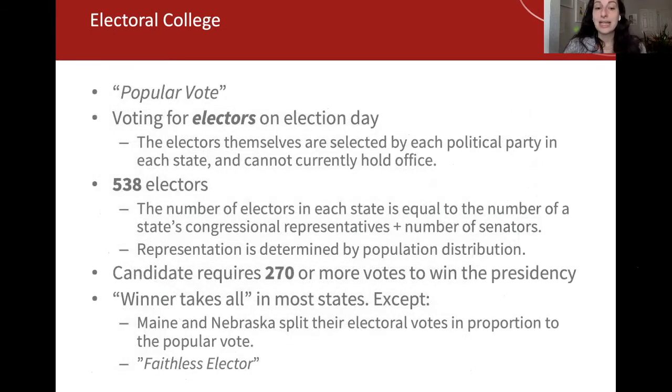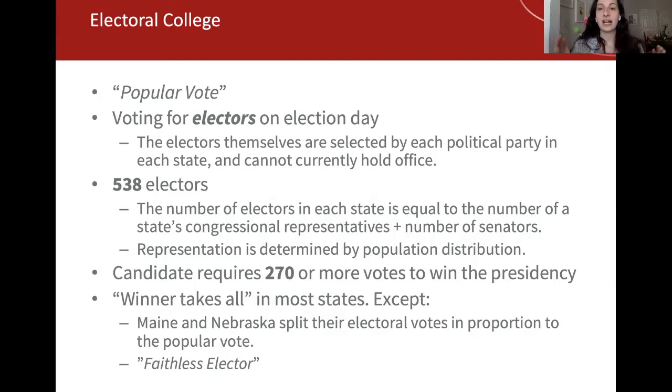The way most states approach the Electoral College is that the candidate who wins the popular vote in that state wins all of that state's Electoral College representatives, or electors. That's not true of 2 states, Maine and Nebraska.